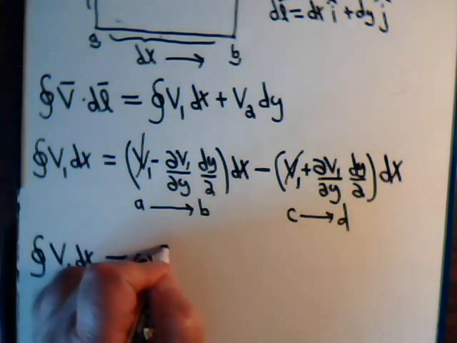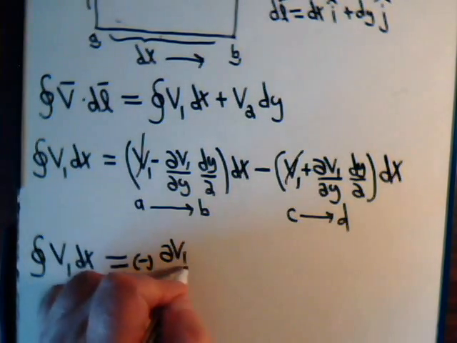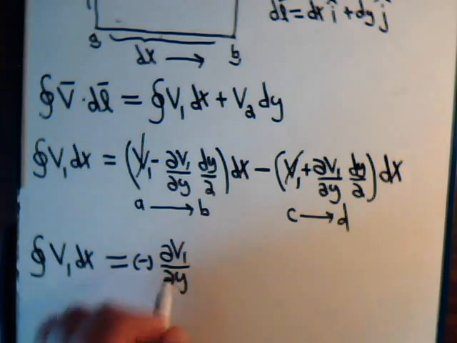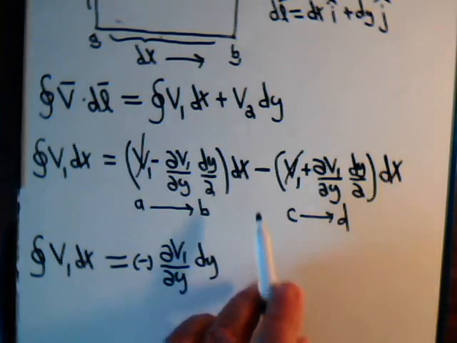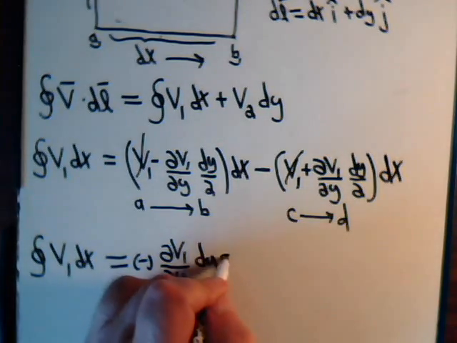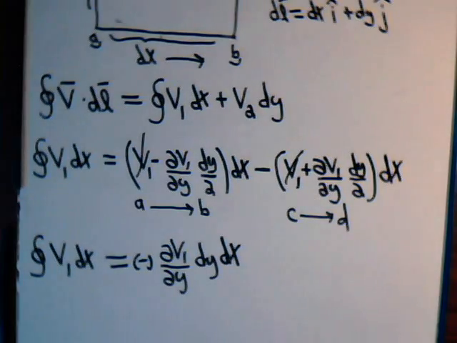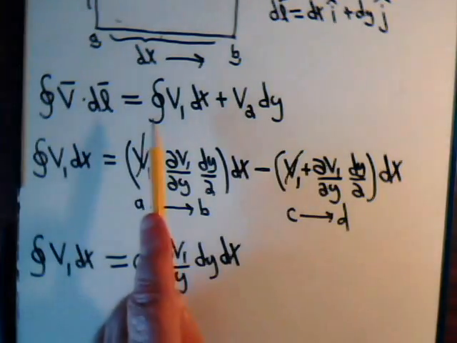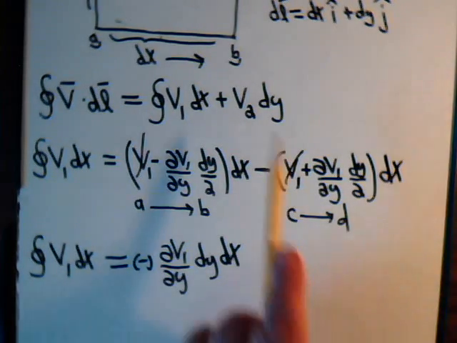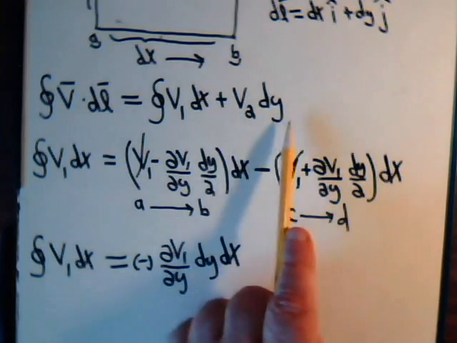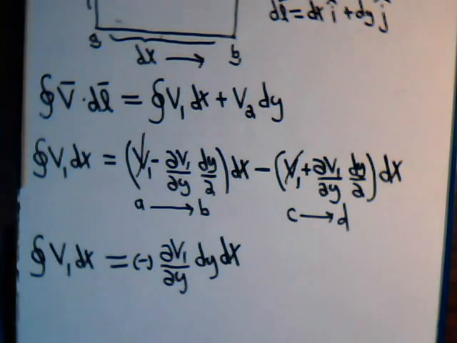And we have the partial of v1 with respect to y. Adding these two together, that will be dy times dx. So this was our line integral. This part of the expression equals this. So remember this, we're going to need that in a few moments. But right now, let's consider this part of the expression and see what that gives us.